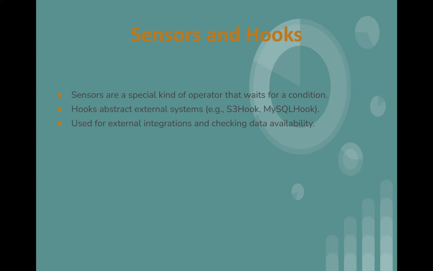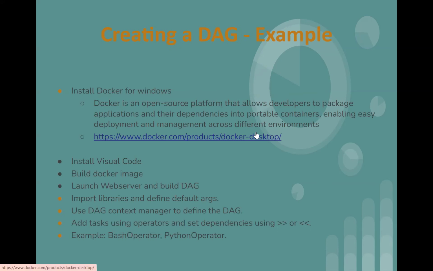Hooks are again abstractions of external systems that you have, like S3 or MySQL. It's a different implementation that we will talk about. They are used for external integrations and checking the data availability. So those are the concepts that we talked about. To create a DAG, we said we need Airflow. We need to create an Airflow DAG. It's written in Python.